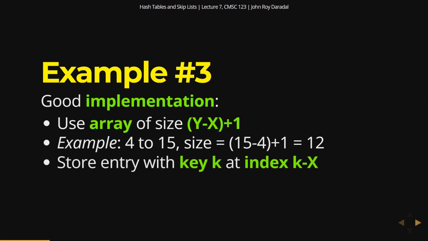Okay, and then we will store the entry with key k at index k minus x. So remember, x is the lower limit, right? So if for example you have key 4, and 4 is the lower limit, so if we subtract 4 from 4, it would be at index 0, which is the first slot in the array, right?